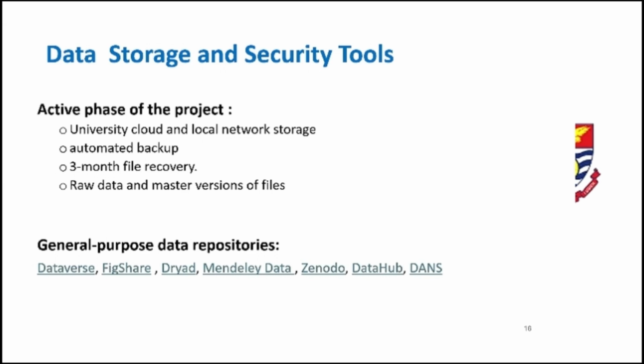These have to do with storages such as OneDrive, Google Drive, Dropbox, etc. You can consider this within an active phase of the project, and you should incorporate automatic backups, and as much as possible have the resulting data files deposited in general purpose data repositories such as Dataverse, Figshare, Zenodo, DataHub, and DANS.